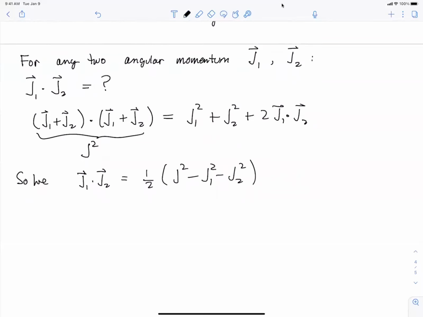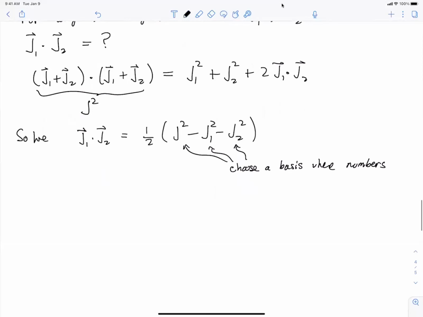So the key thing about writing it this way is that now it is super easy to evaluate this, because you can choose a basis where these are just numbers. And that's the total angular momentum basis. Right now, they're operators.